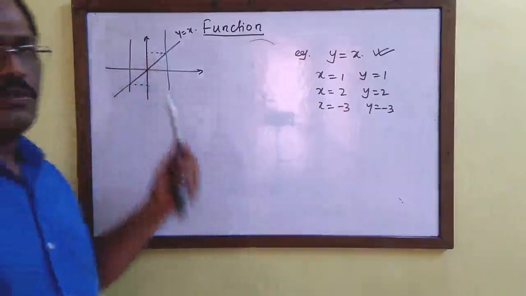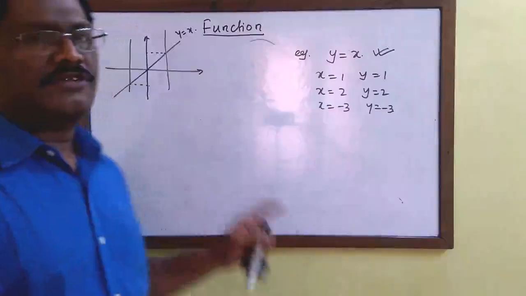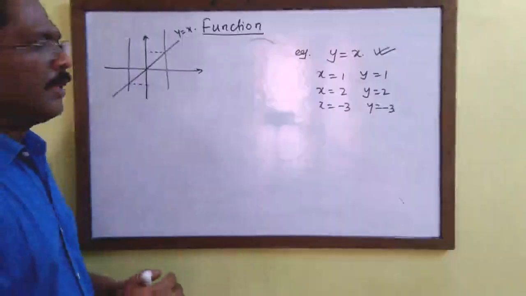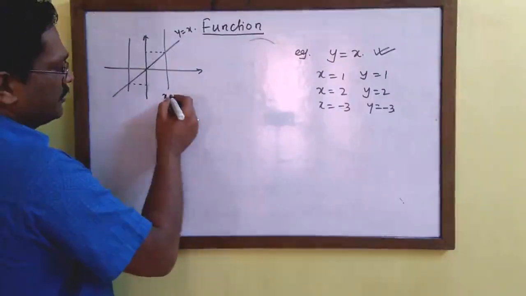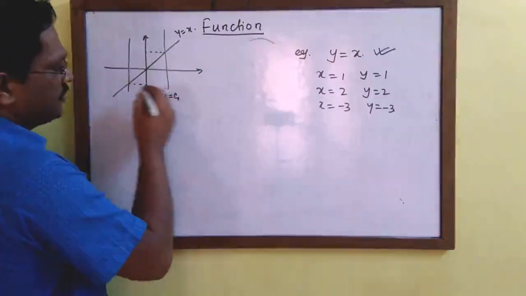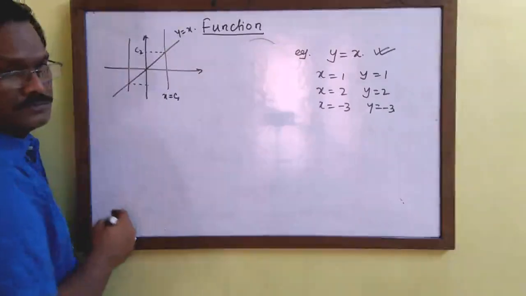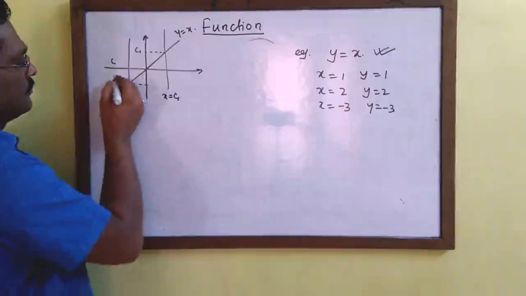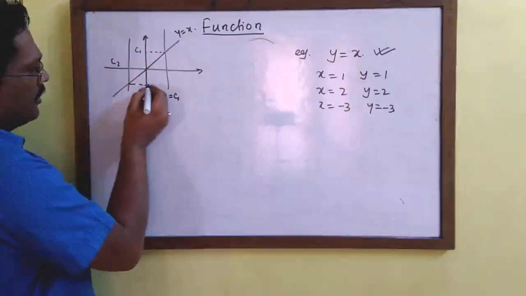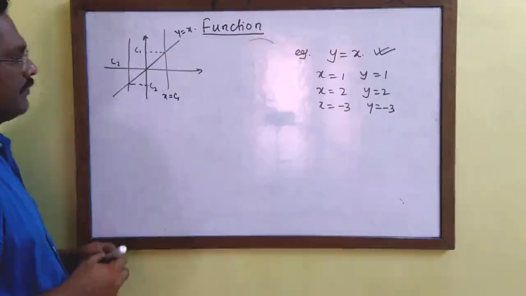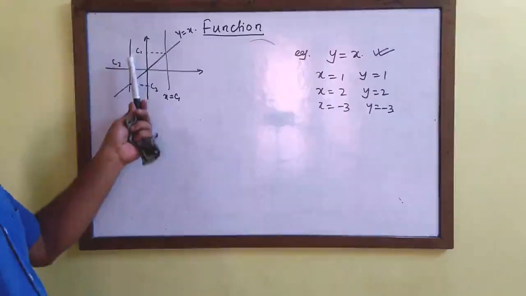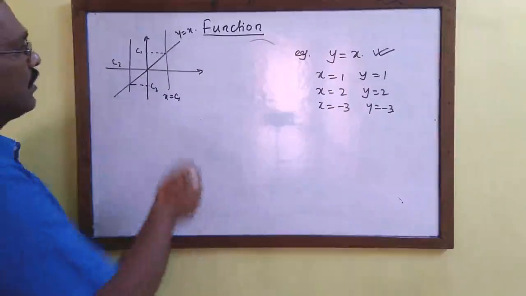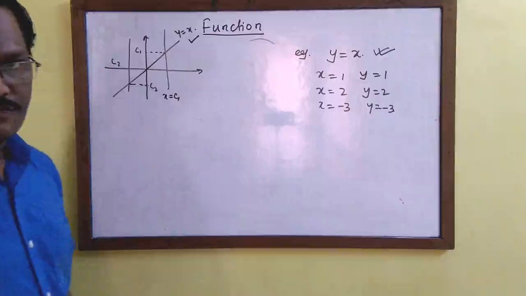Any line parallel to y-axis signifies x equal to constant. For c1, you get c1, and for c2, you get y to be c2. That means for every input, you are getting only one output. So, looking at the graph itself, I will say this is a function.